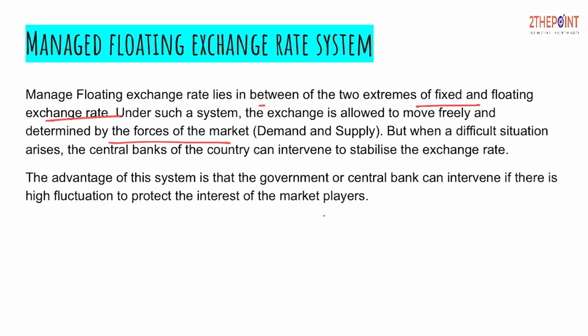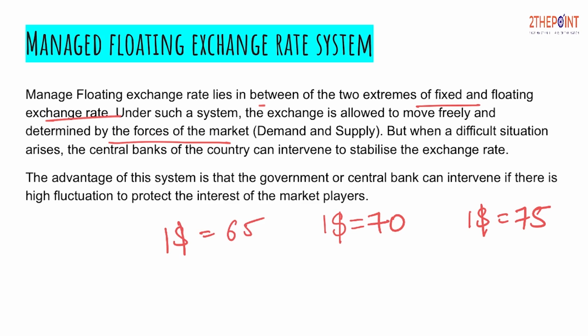For example, if we assume that $1 is equal to 70 and the central bank has set a certain threshold that if $1 crosses a limit of ₹75 on the higher side, and on the lower side, if it crosses $1 is equal to 65 rupees, then the RBI or the central bank will intervene and stabilize it.